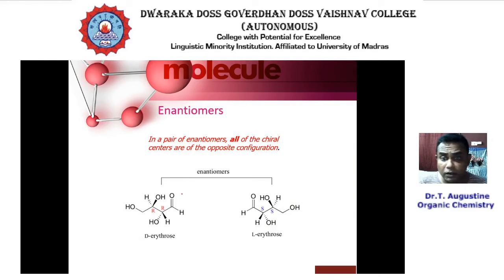Enantiomers are stereoisomers which are non-superimposable mirror images of each other. In a pair of enantiomers, all of the chiral centers are of the opposite configuration. This is one interesting tool to identify a pair of enantiomers. In this case, let us take D-erythrose and L-erythrose.